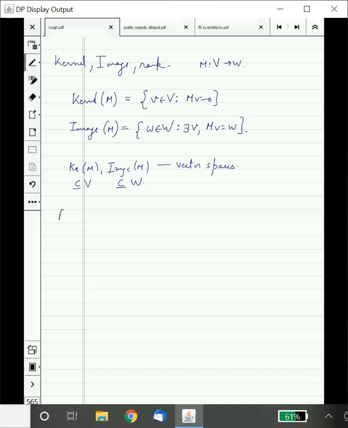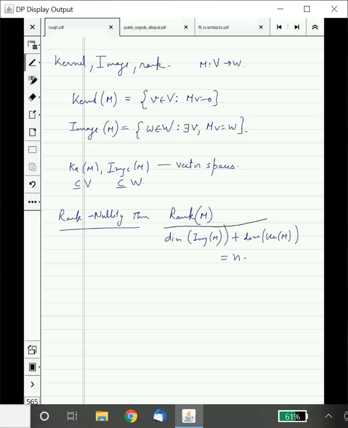There is a famous rank nullity theorem which says that rank of M, which is the dimension of image of M, plus dimension of kernel of M is equal to n. n is the dimension of V. The proof is given in the lecture notes.